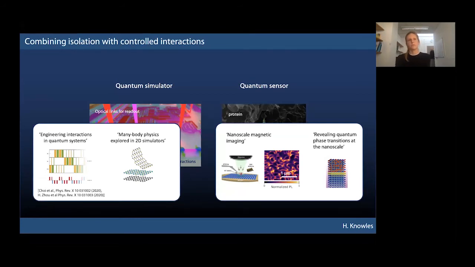And in terms of simulations, there are also many potential applications. So trying to simulate ground states of molecules, for instance.